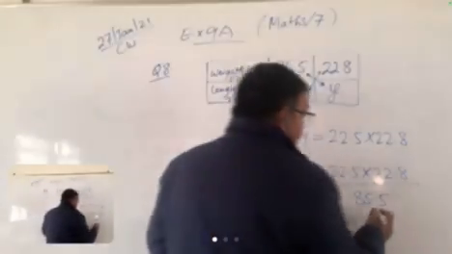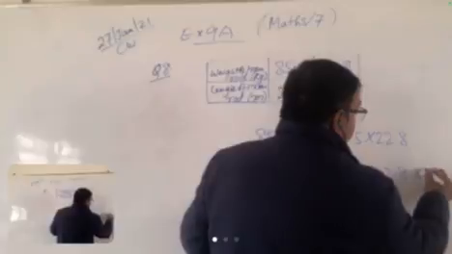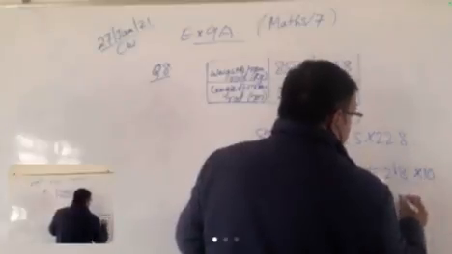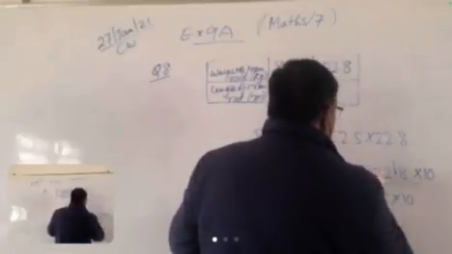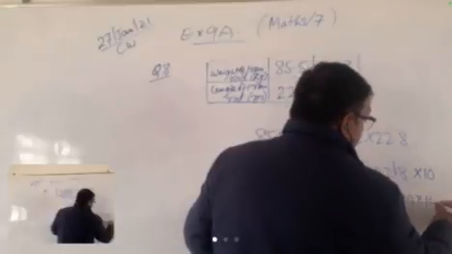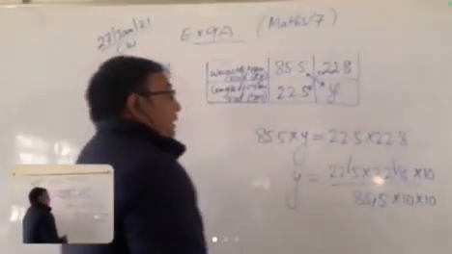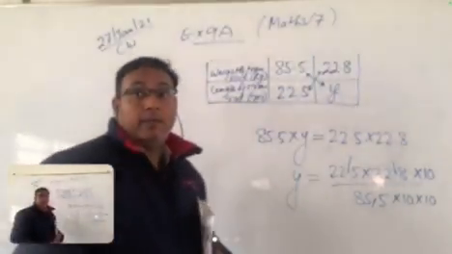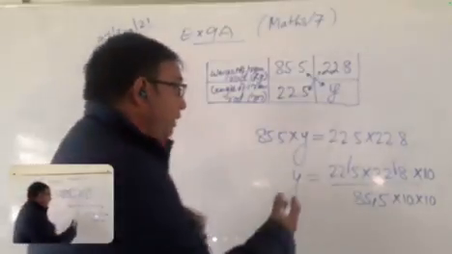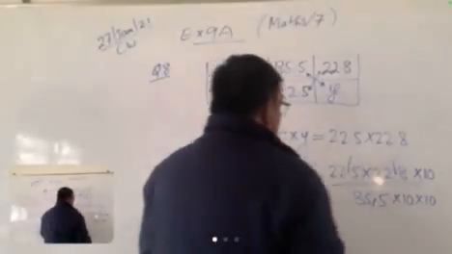Now remove the decimal from here. It will be 10, and this 10, and this also 10. Now reduce the fraction. Everyone try to reduce this fraction and tell me what is the answer for y.